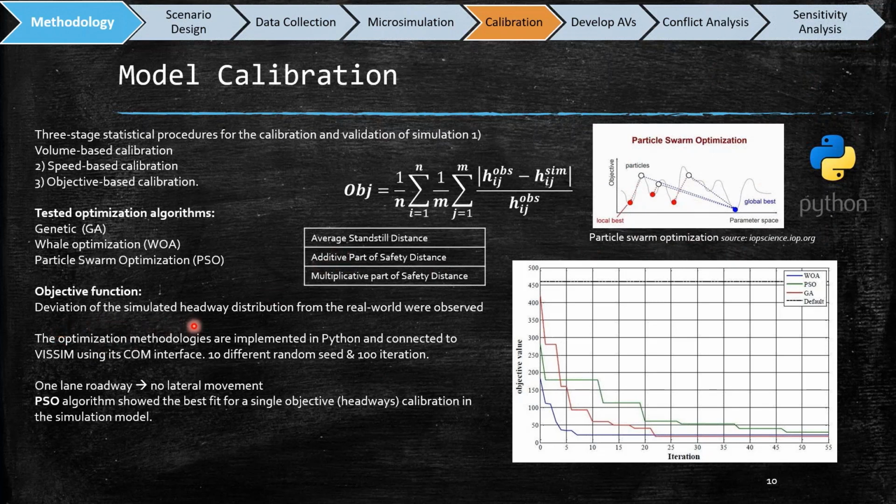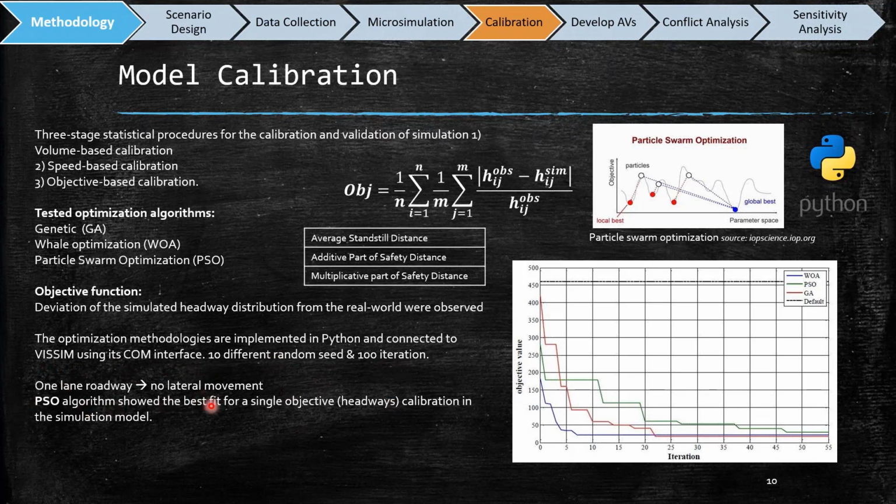So the deviation of the simulated headway distribution that I propose here, from the real-world observed one, and the optimization methodology were implemented in Python and connected to Vissim by using the COM interface. We did 10 random seeds and 100 iterations.